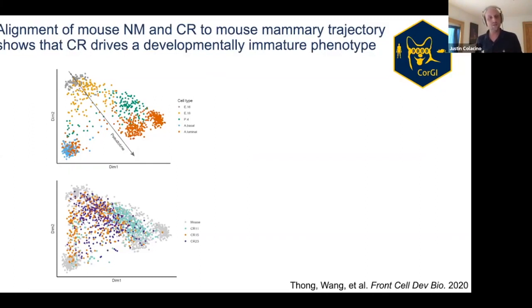And it was quite interesting. So this is the mouse data only, top left panel. Bottom panel is when we start to align the conditional reprogram data on top. And you can see that in general, these data more resemble late embryonic, early postnatal expression patterns.